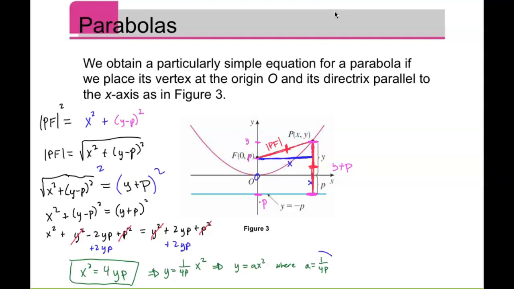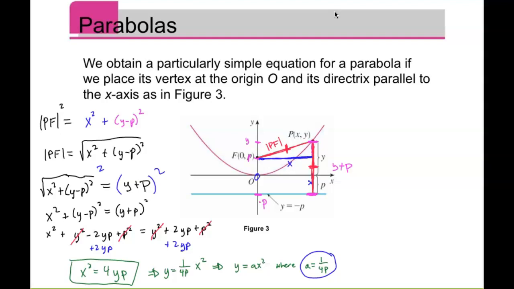Remember that p, in this case, is the fixed y coordinate of your focus. So there we go. We built the equation of a parabola from the ground up, just from the definition of what it is, right? The set of points that are equidistant from a fixed point, which we call the focus, and a fixed line that we call the directrix.